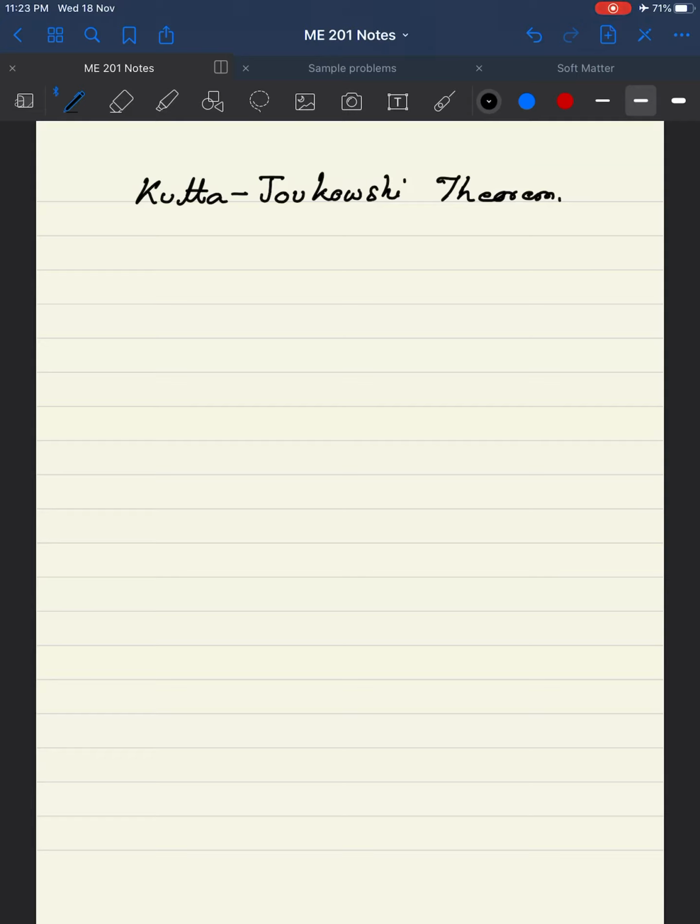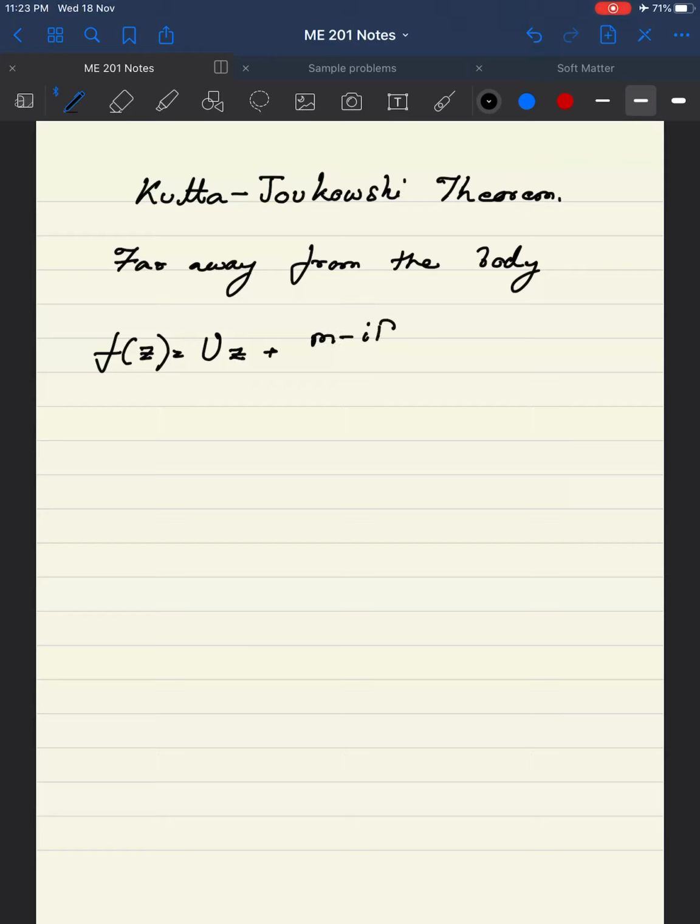Far away from the body, the complex potential F(z) can be written as uz plus (m - i tau)/(2 pi) log z plus the sum from n=1 to infinity of bn z^n.